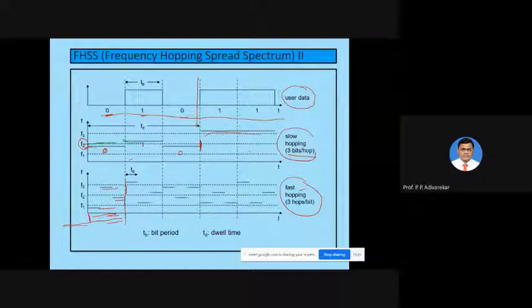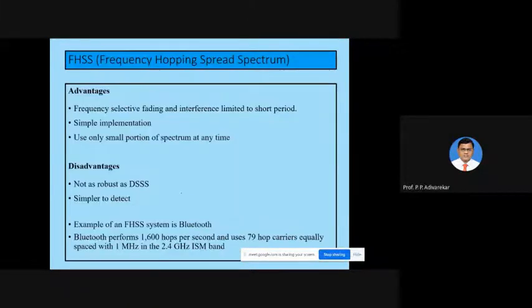Now we will see the transmission and reception part of FHSS, and how its execution takes place. Before that, let's see the advantages.